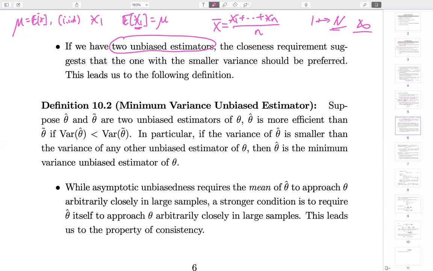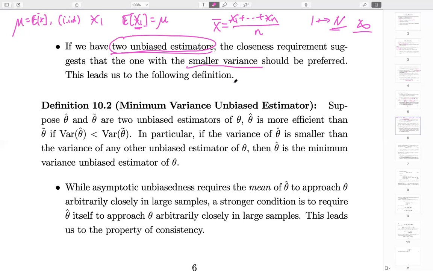So anyway, using this simple example, we can see that for the same population, we may be able to come up with more than one unbiased estimator. Then our question is, which one do we choose? A basic criterion for selection is to choose the one with smaller variance. It's a naive idea.